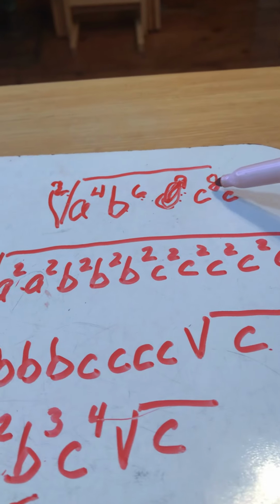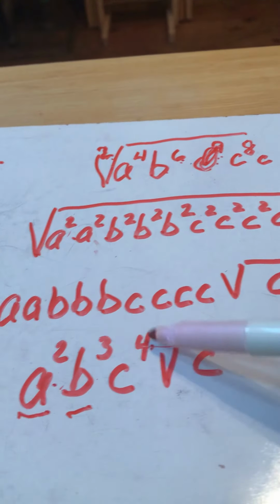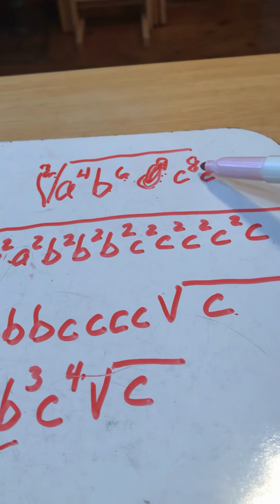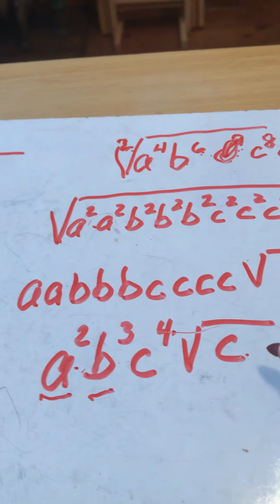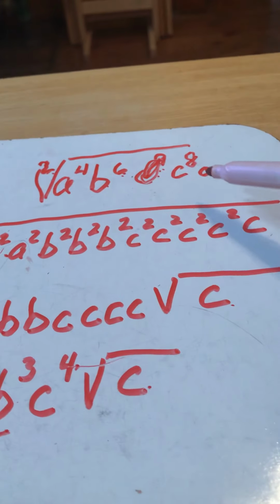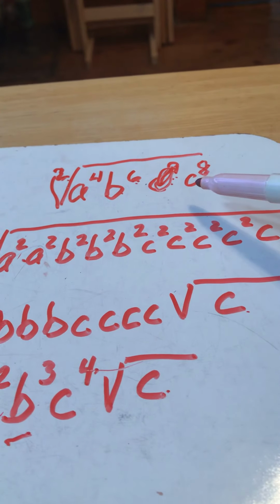Then we have 8 divided by 2 is 4. And then we have this c left over, so it stays in the radical. So you notice you get the same answer. For some people, that might be a little bit easier to think about.